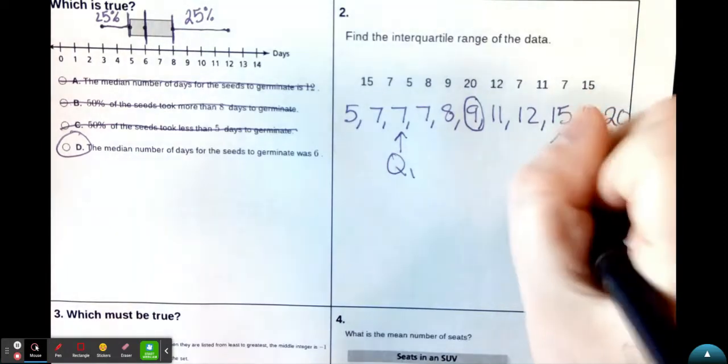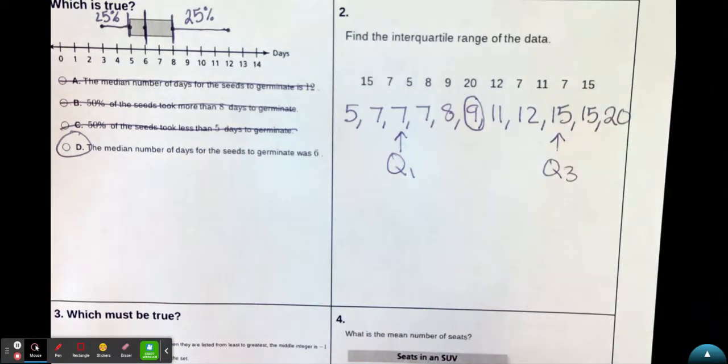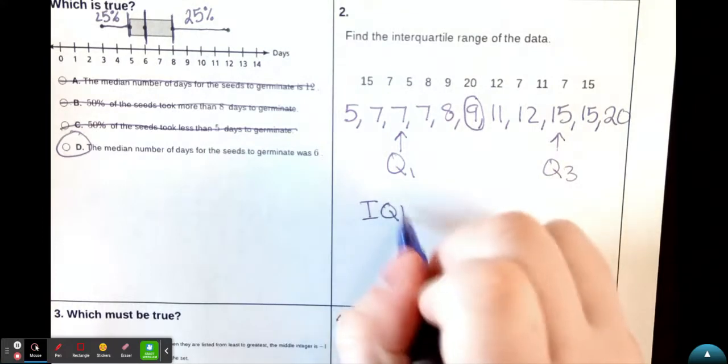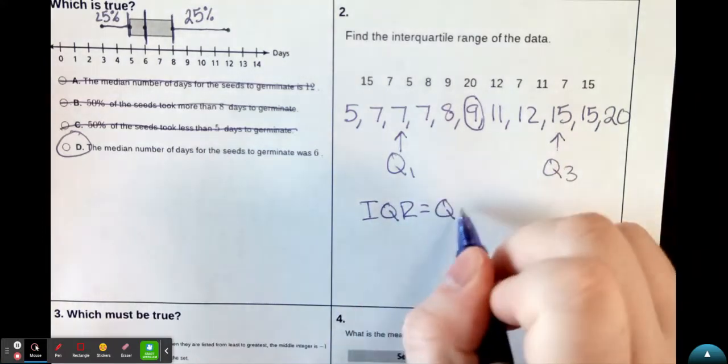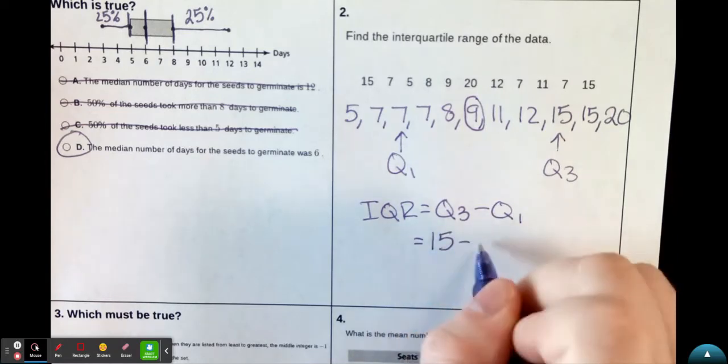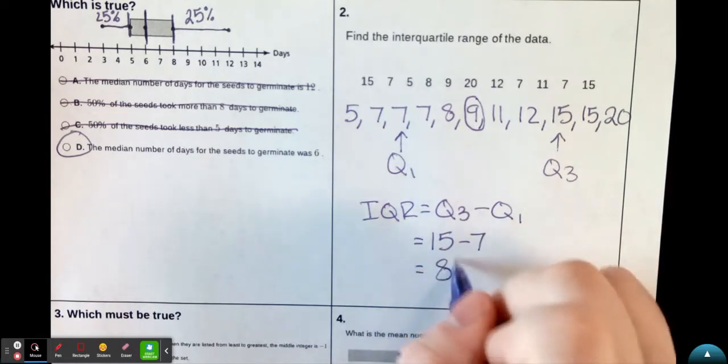That is called quartile 3. Which one is quartile 2? 9 is quartile 2. Yeah. Okay. All right. So interquartile range is where we take quartile 3 and subtract quartile 1. So we do 15 minus 7, which is 8.